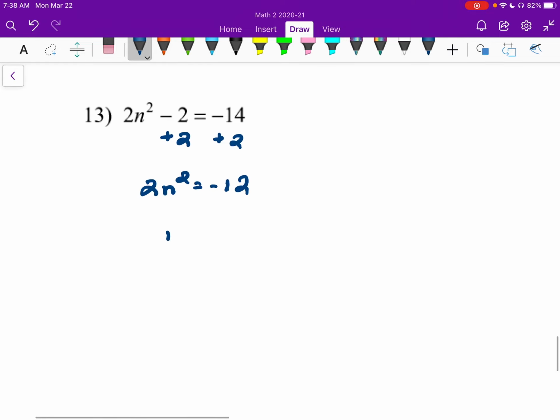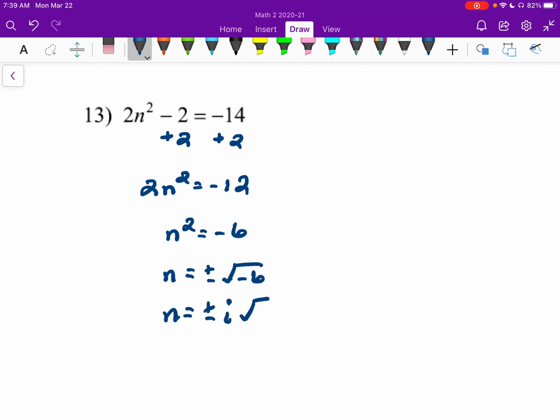Dividing by 2 gives me n squared is -6. Taking my root tells me that n is plus or minus root -6. So n is plus or minus i root 6. I have the plus or minus, that's something important here, and I have the i because I had a negative under my root.